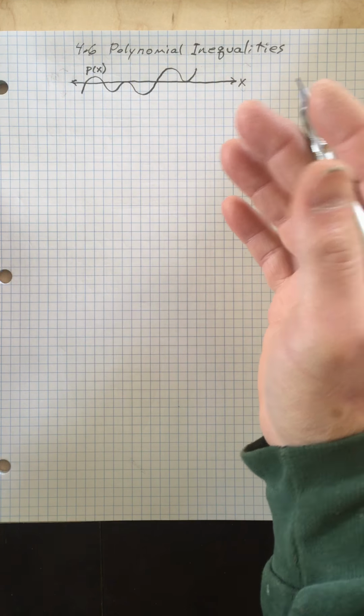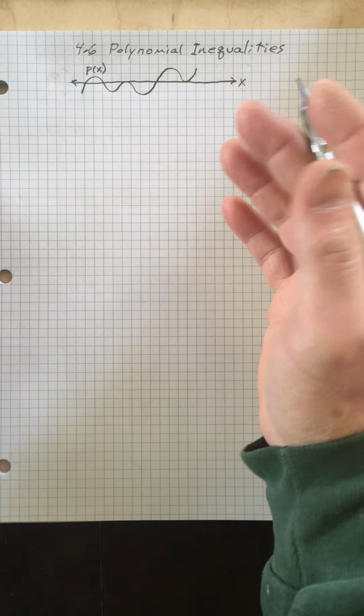For example, let's say the curve isn't there, I just have a series of points, but I know, and we'll see how to do that in a minute, that the p of x has a negative value here, it's below the x-axis, then I know what all the other ones are, because that has an odd multiplicity, so I'm going to go from a minus to a plus. This has an odd multiplicity, so when I come out of this interval, I'm going to head through the root, so I'm going to go back to a minus.